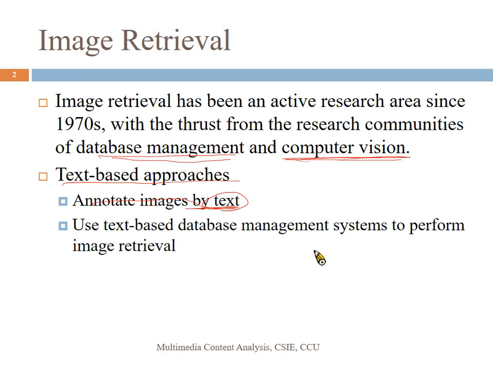And actually, when they do image retrieval, they don't really perform image retrieval. They do text-based image retrieval. And when relevant texts are retrieved, then the corresponding images are retrieved. So this is the approach for image retrieval at the very early time.